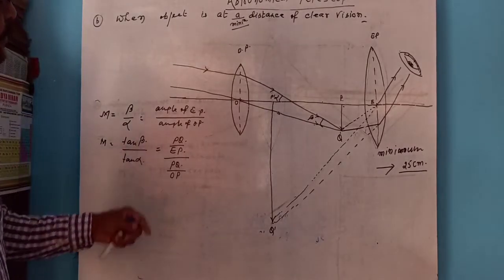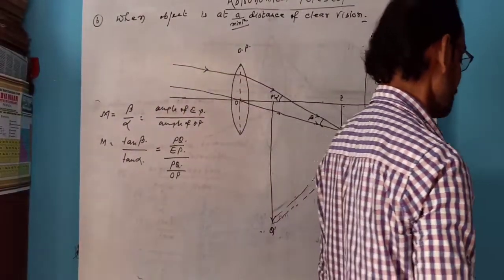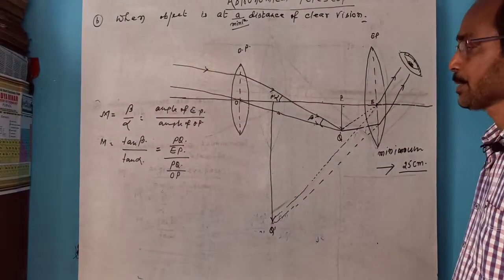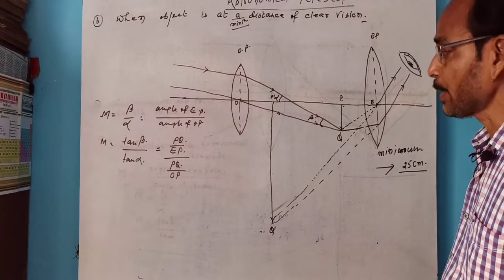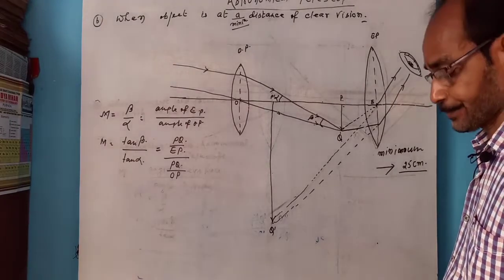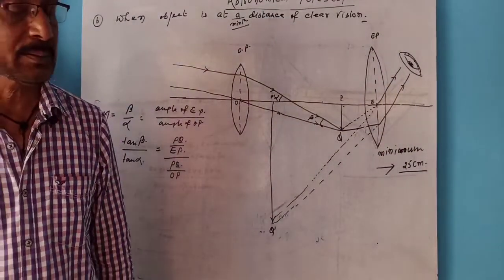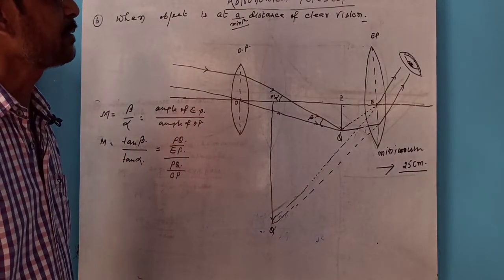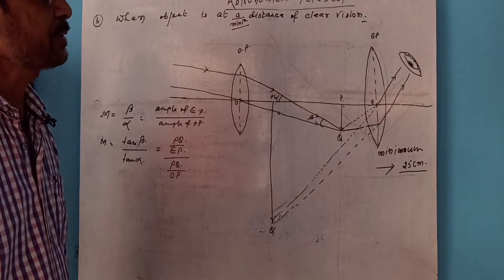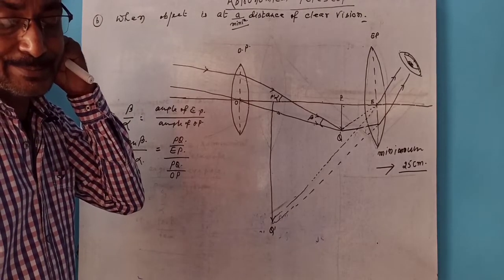Such types of angles you have to study in measurement of lens formula, mirror formula, and the relation between focal length, which is half the radius of curvature.